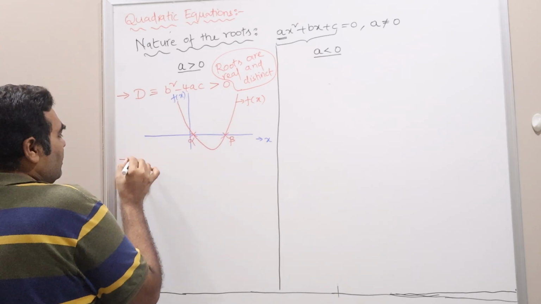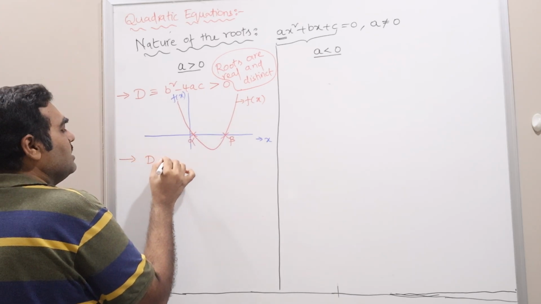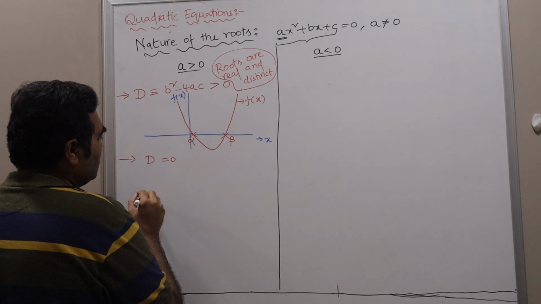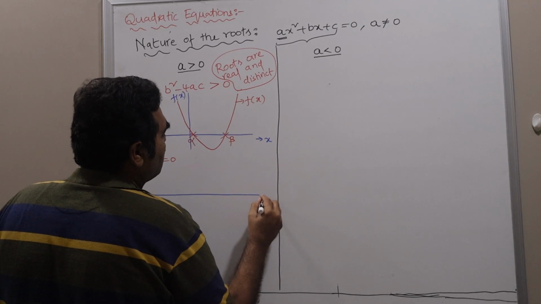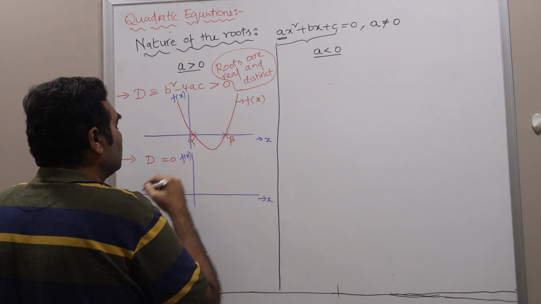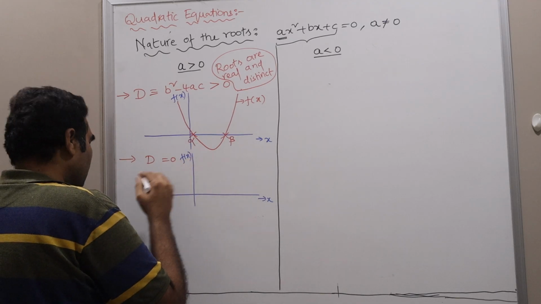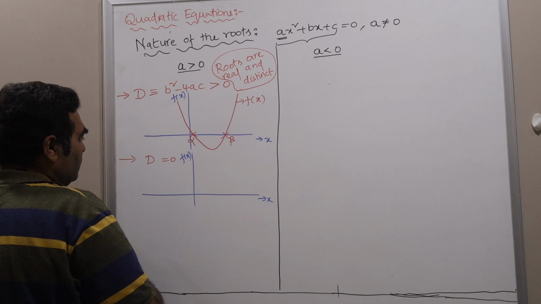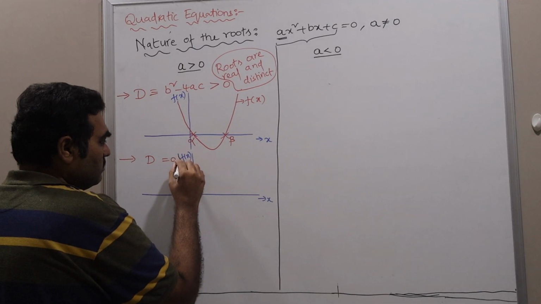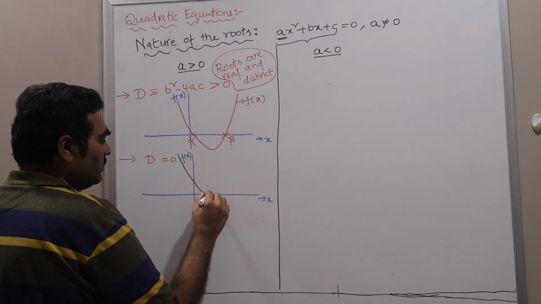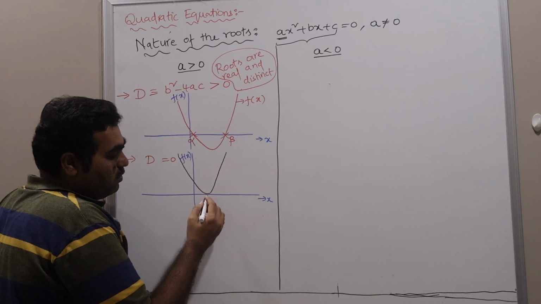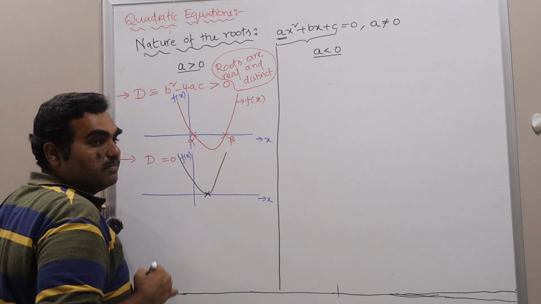Let us see the other part. D is equal to 0. If D is equal to 0, once again if we plot f of x, the function looks like this. The function intersects the x-axis only at one particular point.